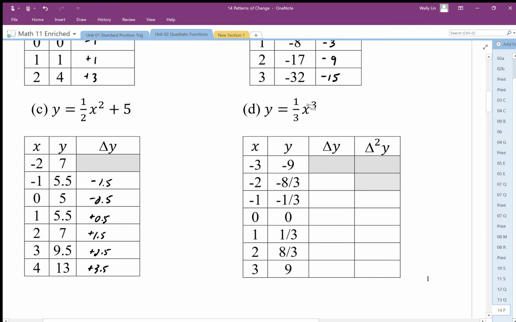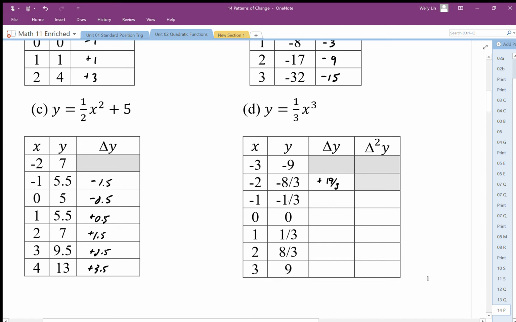So what's happening with the cubic function? If we take a look at the cubic function, this cubic function happens to give us these values. And we look at the changes in y. So we're going to go 8 over 3 minus negative 9, or plus 27 over 3. So we're going to get positive 19 over 3.